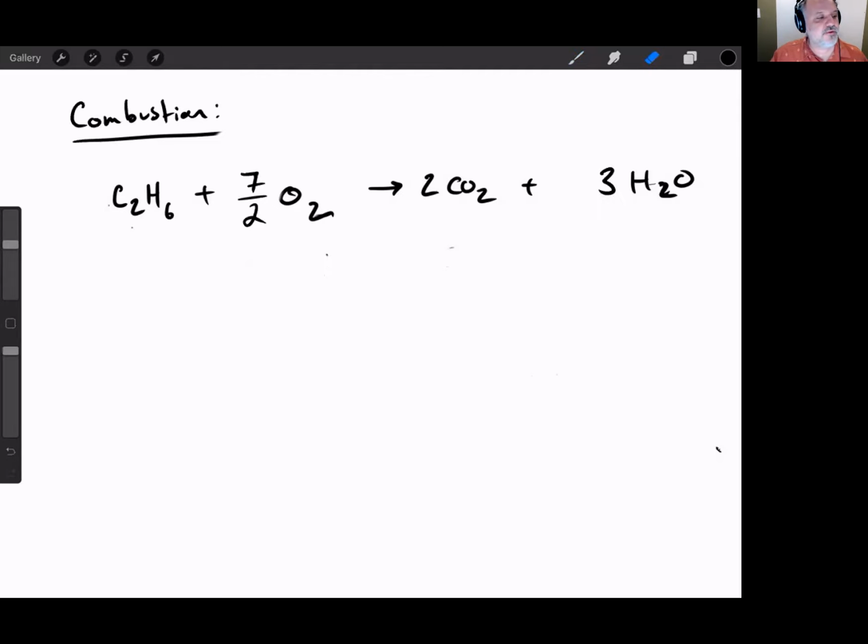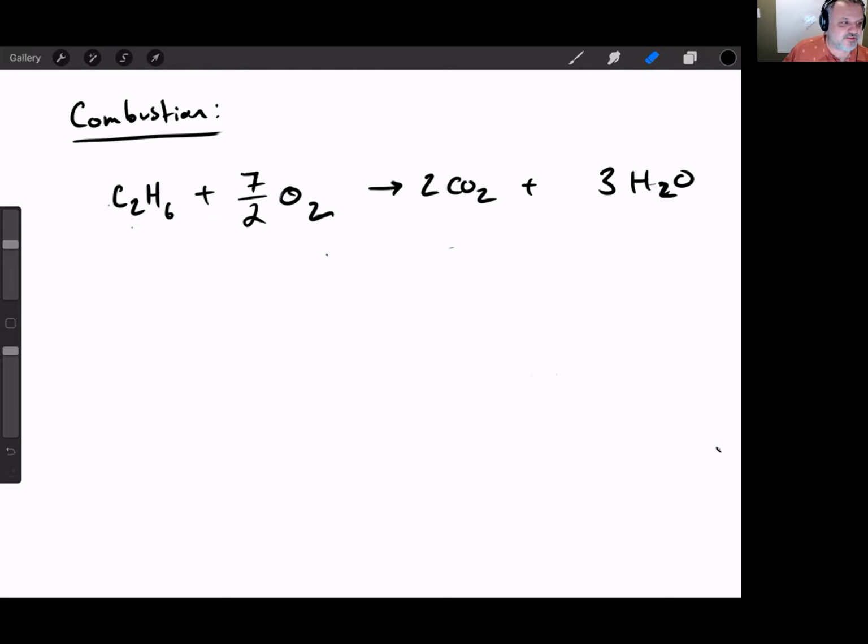Would this one have been okay? Is it okay to use fractions as stoichiometric coefficients? Okay, it doesn't have to be a whole number. It's okay to use a fraction.